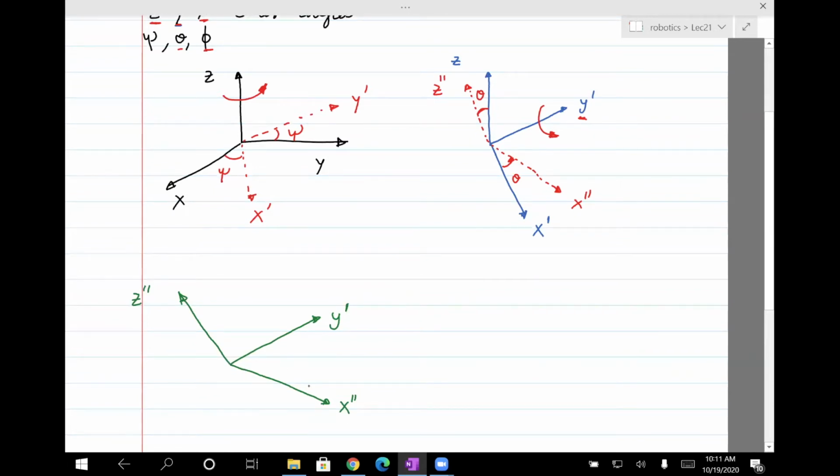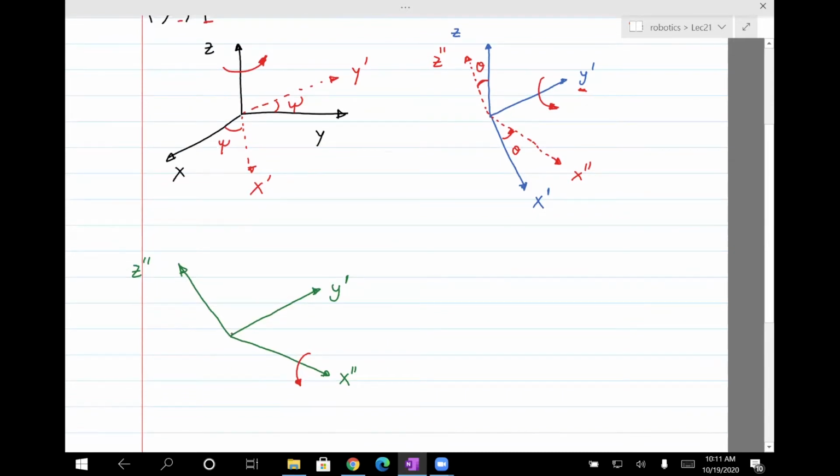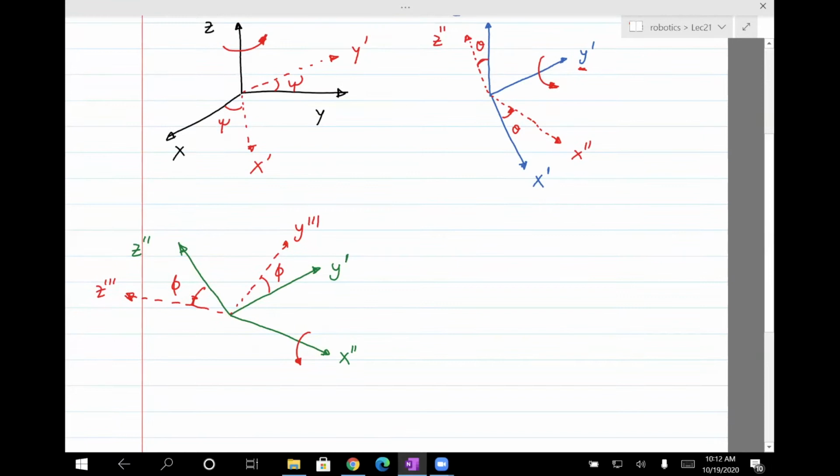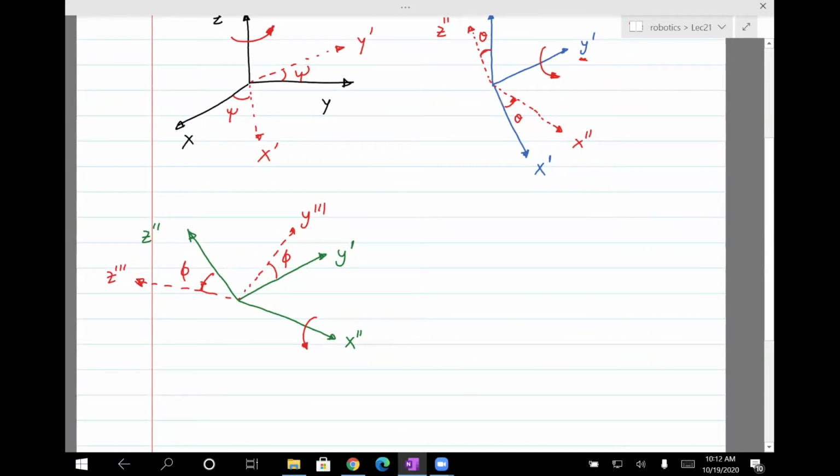Again, I curl my fingers along the positive direction such that my thumb points along the positive x prime axis. Then y prime will rotate to y triple prime, and z to z triple prime. So that would be phi and phi. And so that's my final configuration.